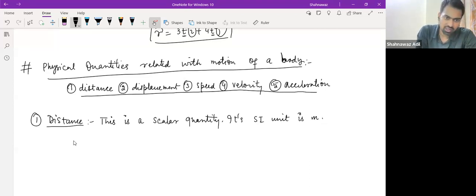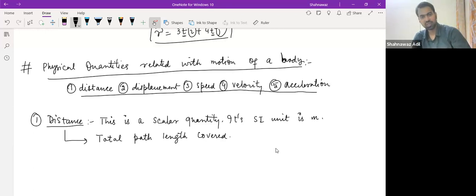This is the total path length covered. Okay. So this is the total path length covered, and this cannot be negative. Okay. Is that clear? Yes, sir.